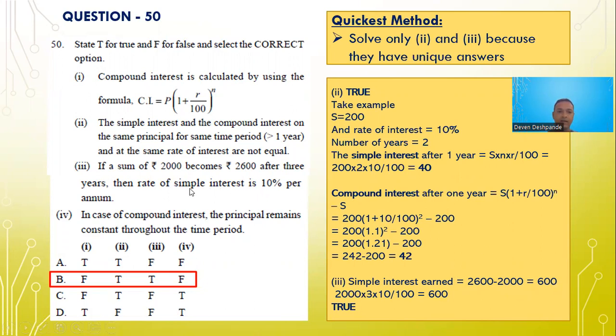At the rate of 10% for 3 years on 2000, simple interest is 2000 into 3 into 10 upon 100, which is 600. So this 600 exactly matches. So 2 is true and 3 is true. The only option where it is true and true is option B. So for 50, the correct option is option B.